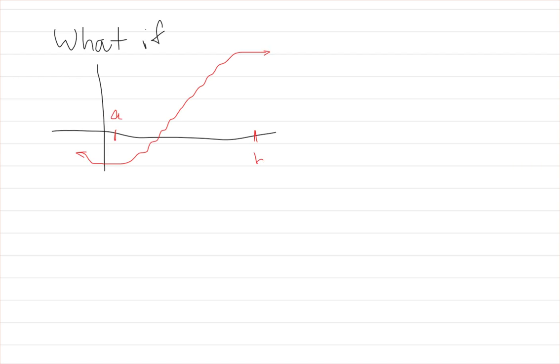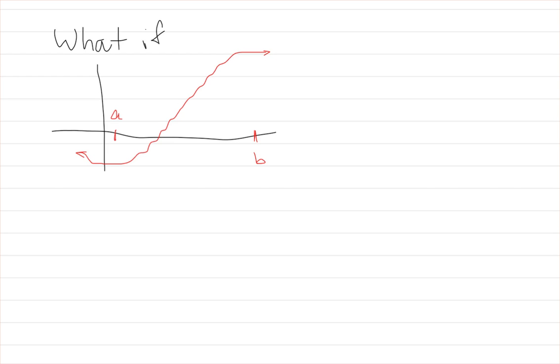What if we have a function, draw it in red, we have a function that does something like this. And we have A and B. Okay, what if? So now what happens?